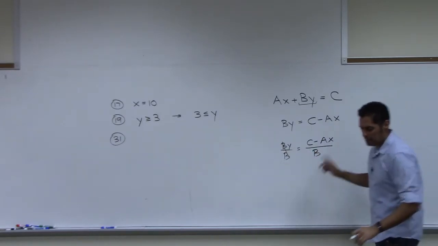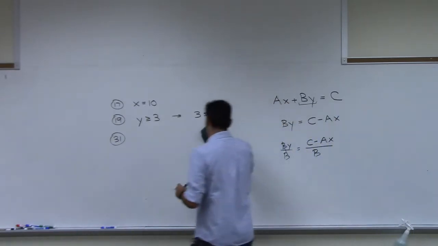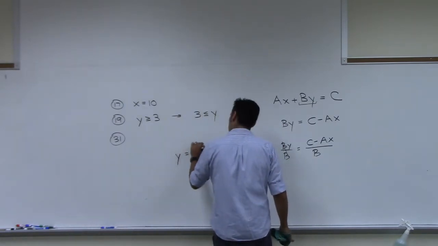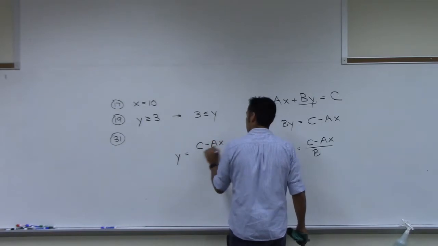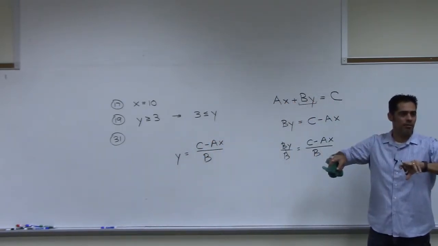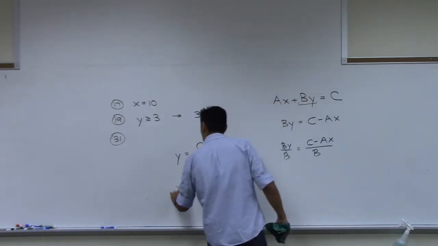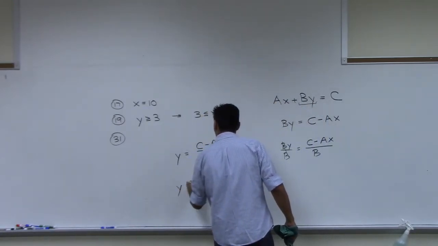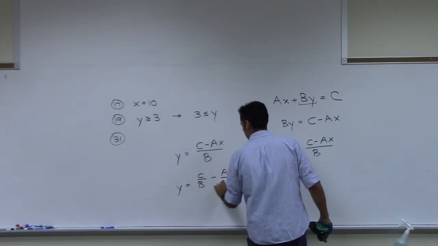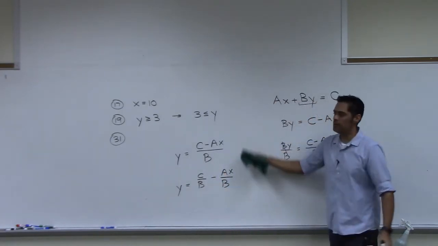And you're going to have maybe a couple of different ways that this could look. You can have Y equals C minus AX over B, like that. Or they could have maybe split it into two fractions and written Y equals C over B minus AX over B. Either one of these will work.